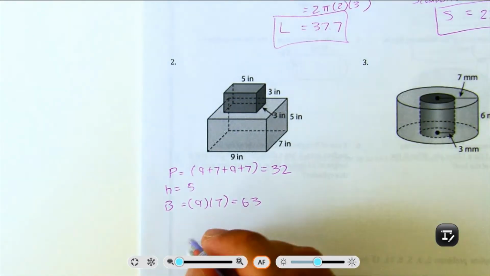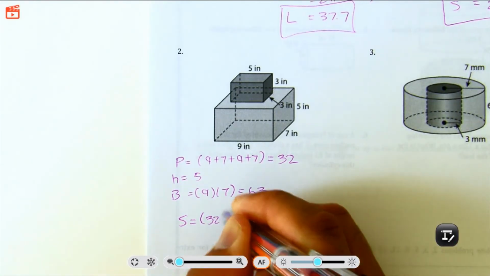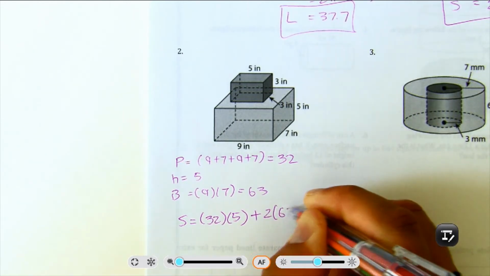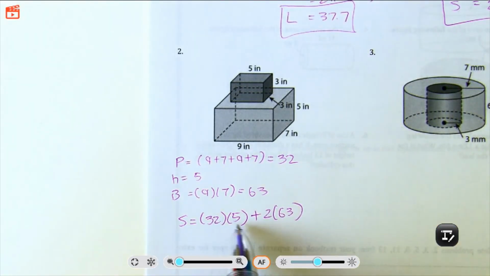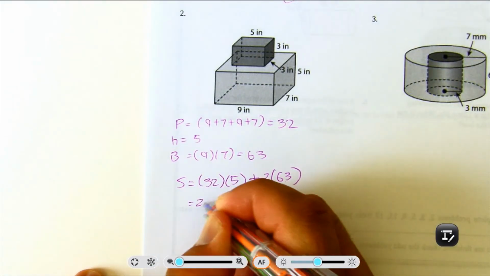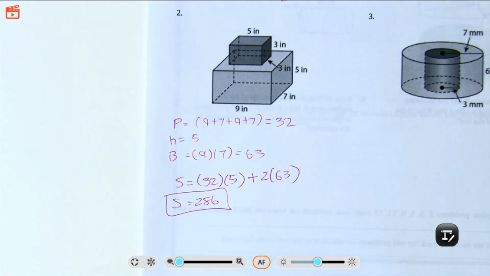So the surface area of this object is 32 times 5 plus 2 times 63. Perimeter times the height plus 2 times the base. So 32 times 5 plus 2 times 63 gives me 286. So I'm going to keep that answer and hold that answer while we look at the other object.